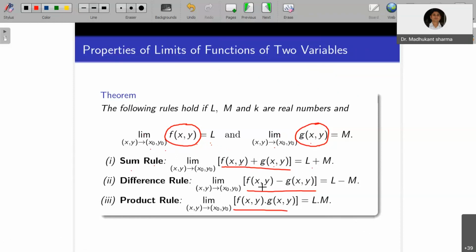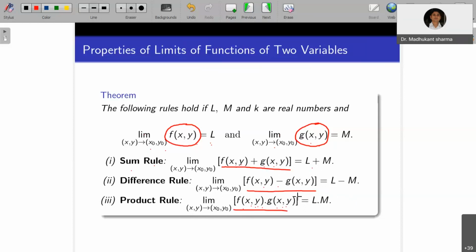If you take f first and then g second, the first is the limit of f, then the limit of g. In addition it doesn't matter whether you take g or f first, but here it does matter. Similarly, in the product rule, if f and g are both in the product and you know the limits both exist, then the limit is nothing but the product of the limits.